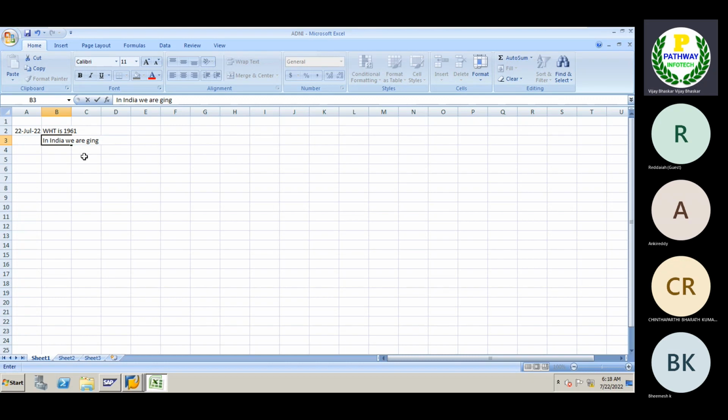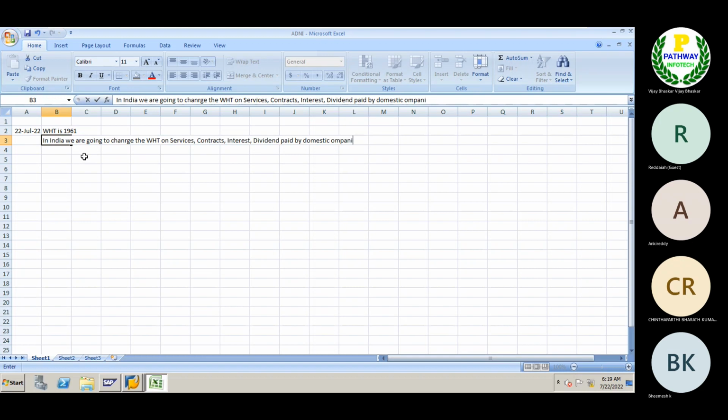In India we are going to charge withholding tax on services, contracts, interest and dividend payments, dividends paid by domestic companies, as well as technical services, which I have already mentioned.